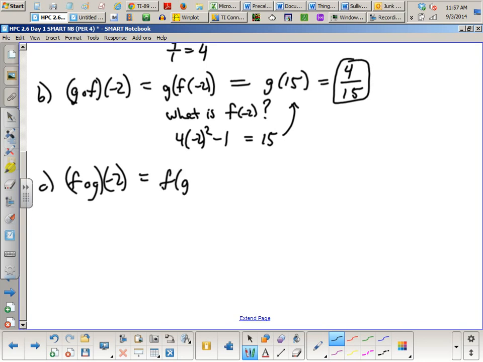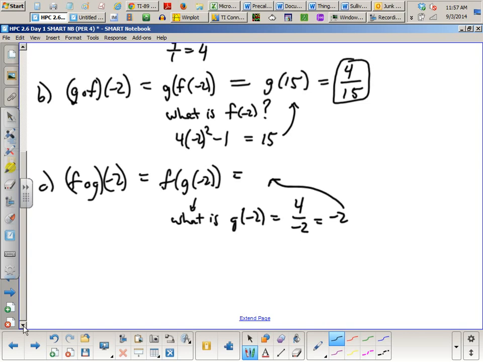It means f of g of negative 2. So we first ask, what is g of negative 2? I'm just getting negative 2. That becomes your input. So this question is asking for f of negative 2. No big deal. That's just 4 times negative 2 squared minus 1, 15.